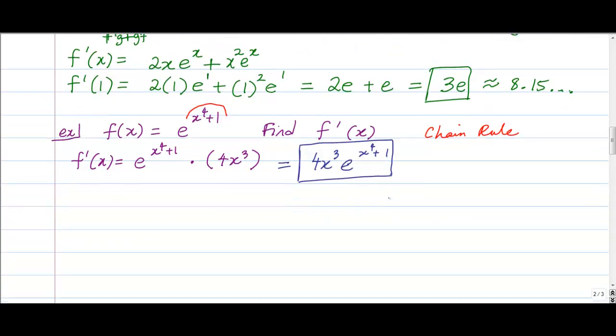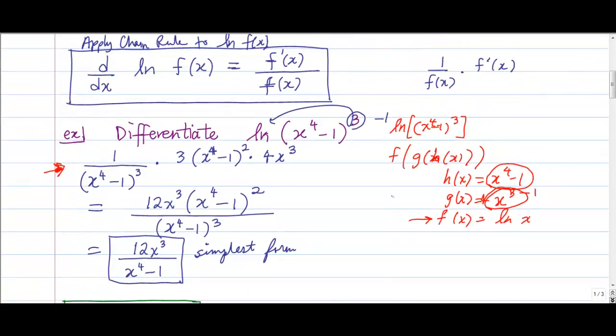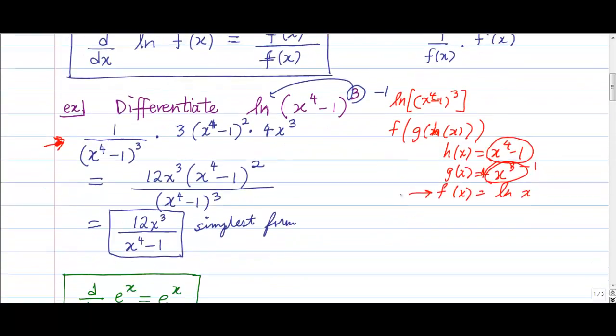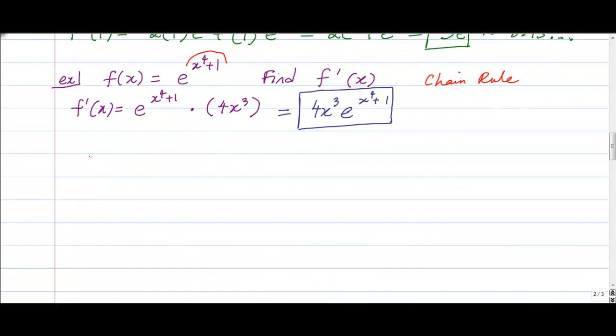Just like we had the rule for natural log of a function, right? We apply the chain rule to natural log. We can also apply chain rule to e to the x.